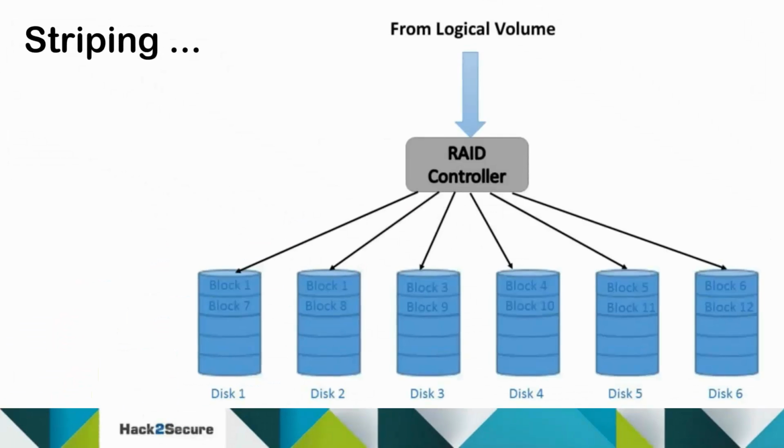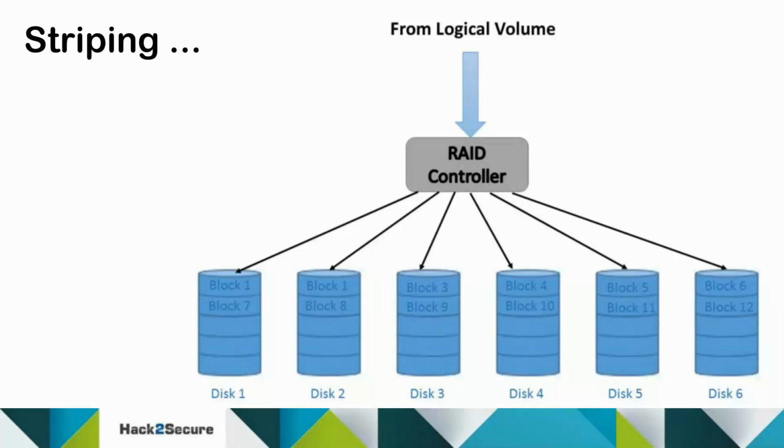Now let's look in depth at how striping works. Consider a scenario with an array of 6 disks. When a write I/O request comes to a logical volume, the RAID controller helps distribute all data to the physical disks. Here, each disk is divided into small blocks, such that block 1 is on disk 1, block 2 is on disk 2, block 3 is on disk 3, and so on.